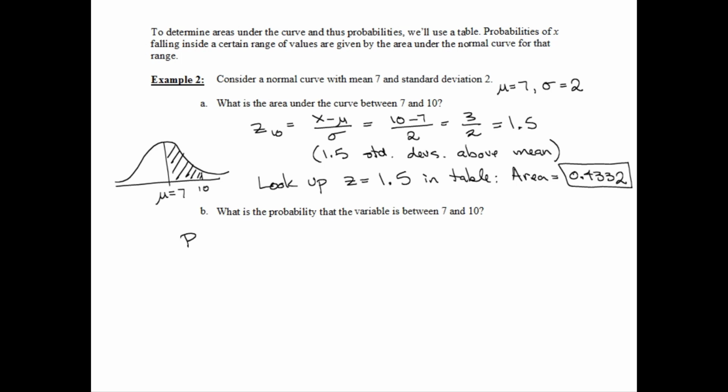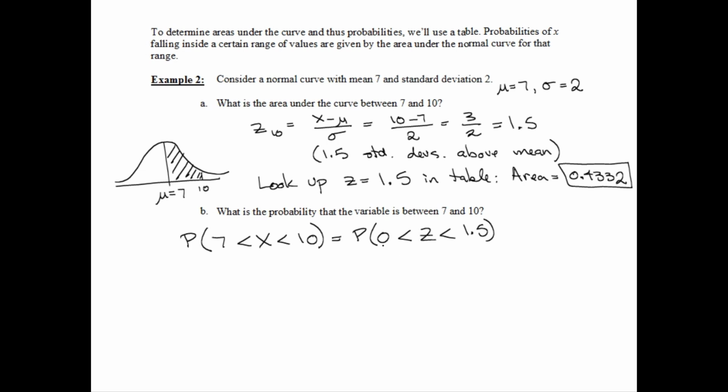So let's let x represent our normally distributed variable. We're trying to find the probability that x is in between 7 and 10. This corresponds to the probability that z is in between 0 standard deviations above the mean and 1.5 standard deviations above the mean.